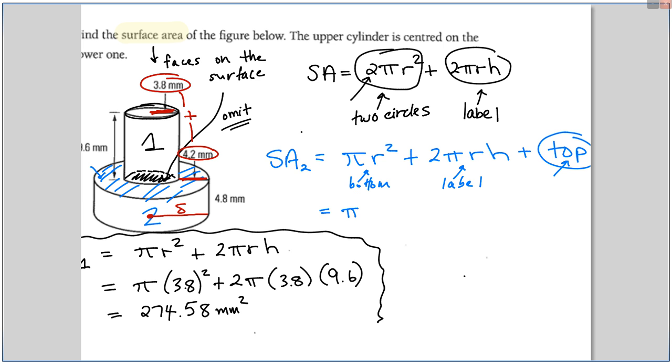So the radius is 8 millimeters. So pi times 8 squared plus 2 pi 8, and the height is 4.8, plus the top, which I will get to.